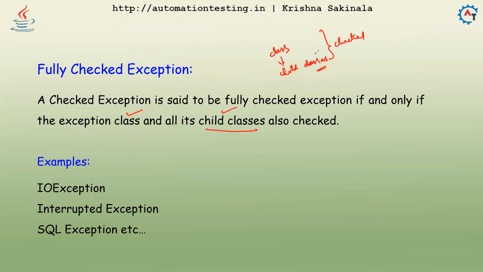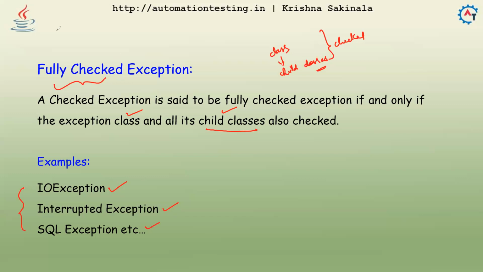Then those are called fully checked exceptions. A few examples are IOException, InterruptedException, and SQLException. So the class and all its child classes should be checked, then only those are called fully checked exceptions.